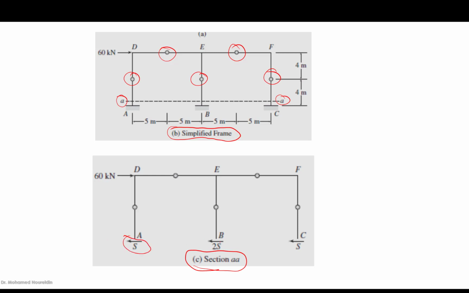Here this is S, this is 2S, here S. If we say this is 60 kilonewton, then without thinking, this one should be 15, this one should be 15, and this one should be exactly 30. So here we have 15, 30, 15. This would give us 60 applied here. So we obtained the shears in the columns.